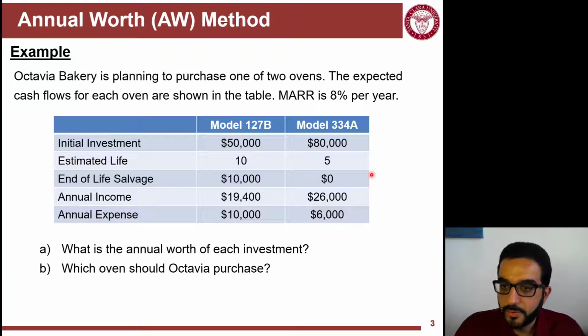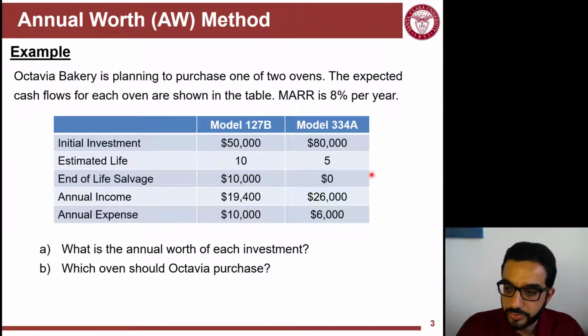So let's illustrate that with this example here. This bakery is evaluating two alternatives of ovens, two models, and the bakery has a minimum attractive rate of return. The way they secure the capital is that it's costing them 8% per year.